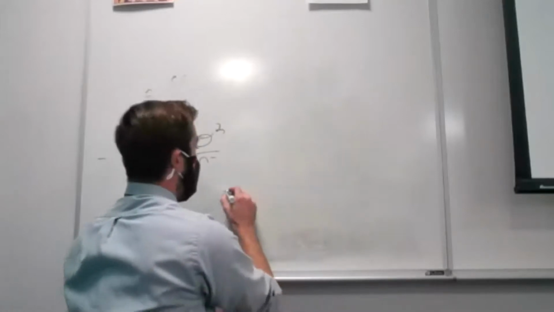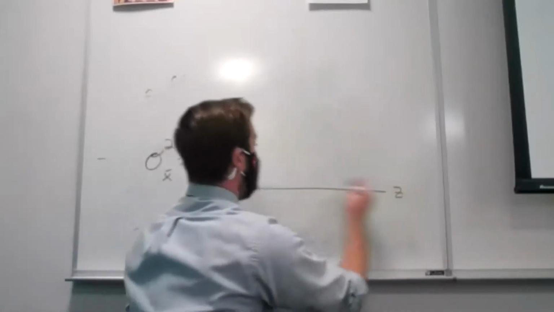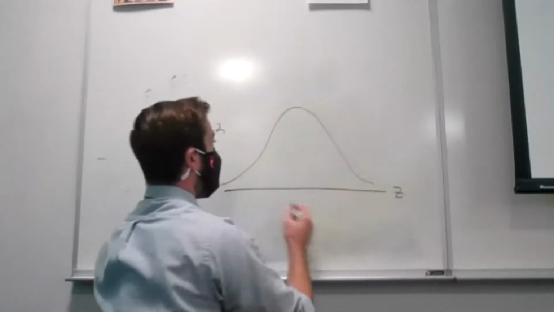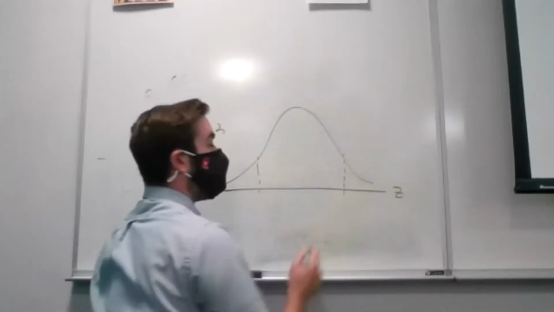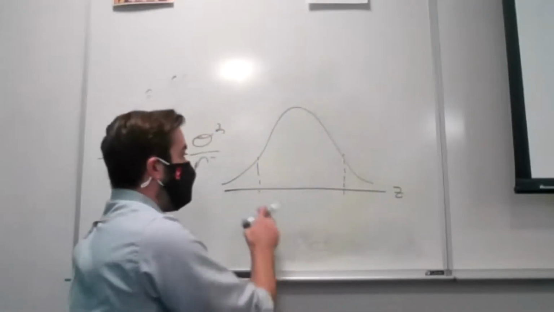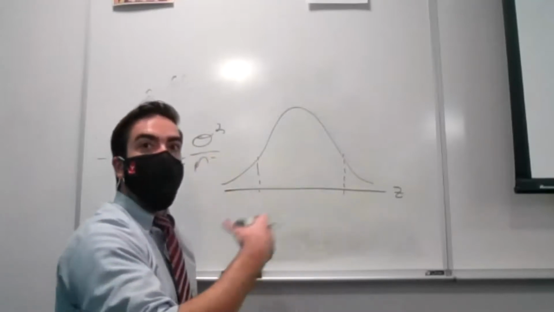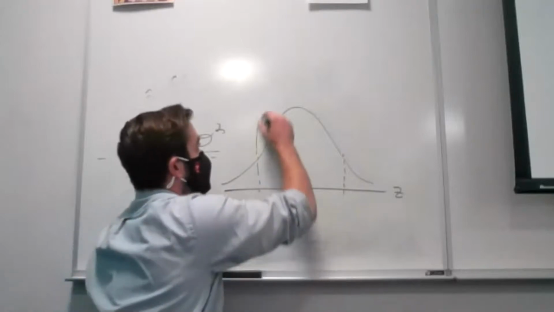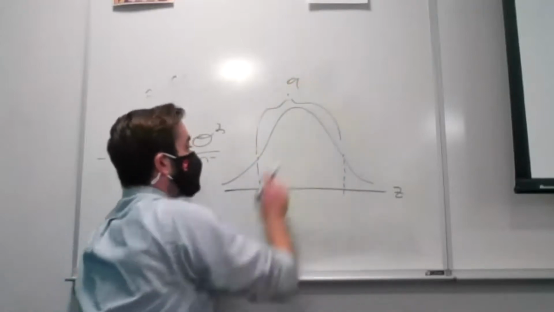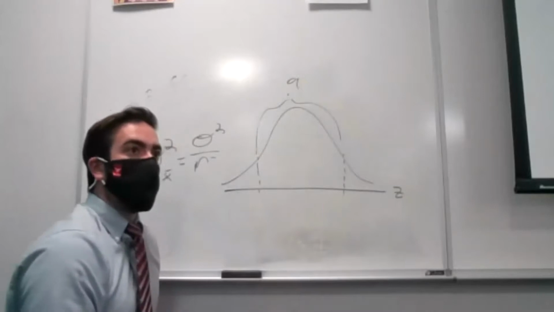Let's say I think about my standard normal distribution and I say, look, I want to find the number of standard deviations I can go above and below the mean such that the area in between these two values would be 0.9.